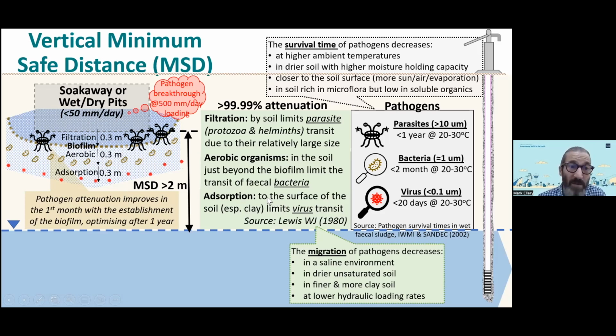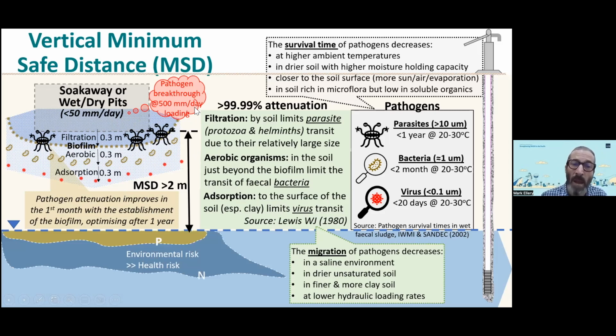While the design criteria suggest less than 50 millimeters per day, the data suggests that there is quite a bit of room for movement before we reach the breakthrough pathogen loadings. Finally, soakaways, while soakaways are reasonably effective at attenuating phosphorus, nitrogen is really the nutrient that is most likely to get through, and however, nitrogen is not so much of a health risk as it is an environmental risk.